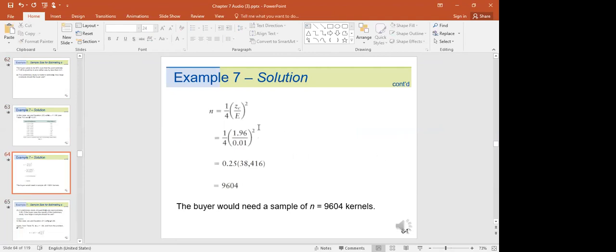And we are going to have N equals 1 over 4 times ZC over E, squared. We will get 9,604. Here you don't need a calculator, it's just a simple formula. 1 over 4 times ZC, ZC is 1.96. And E is the margin of error, which is given to you, that you square here and get the result.